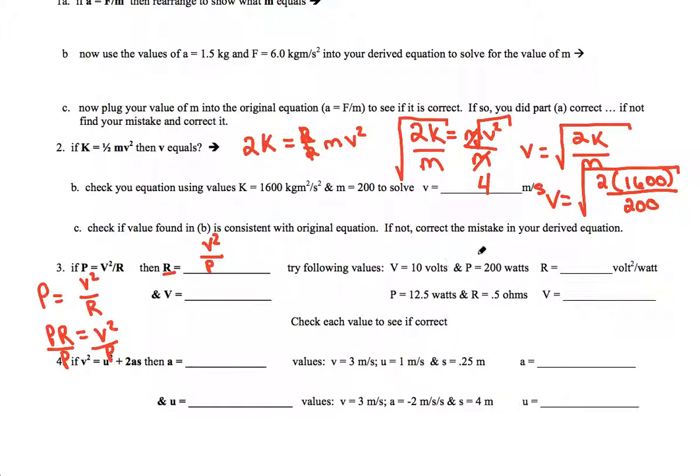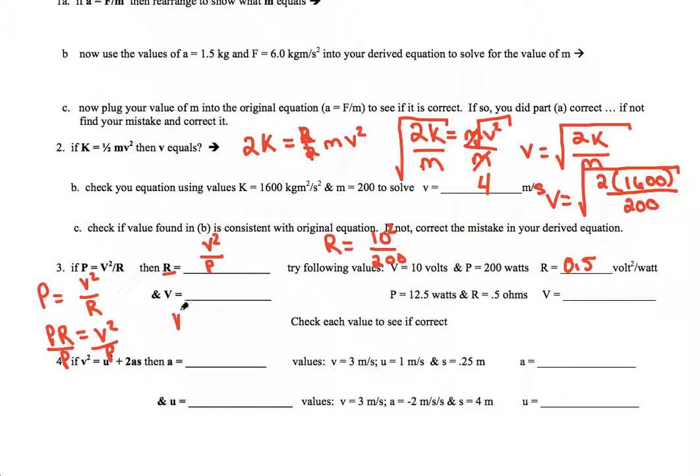And if I want to plug in these numbers, r equals v squared, and if v is 10, then I have 10 squared divided by p of 200. Then 10 squared is 100, 100 divided by 200 is 0.5. And don't worry about the units right now. If I want to get v by itself, okay, I have to first cross multiply by r.